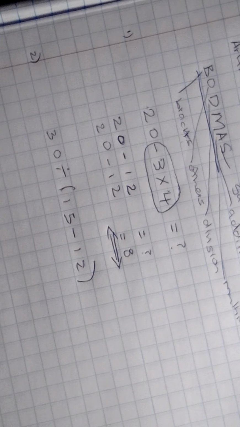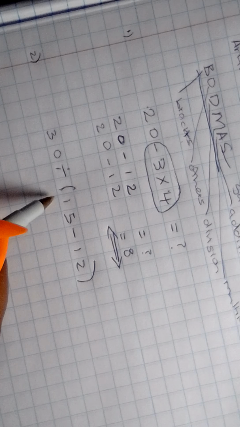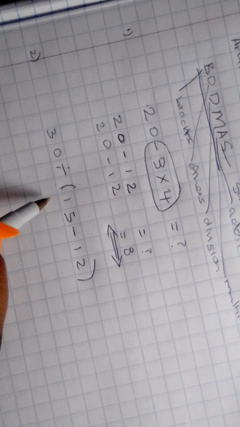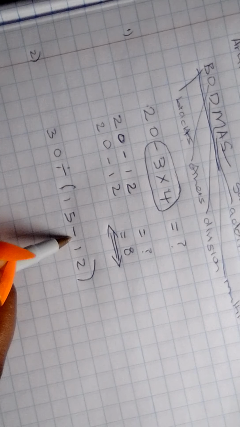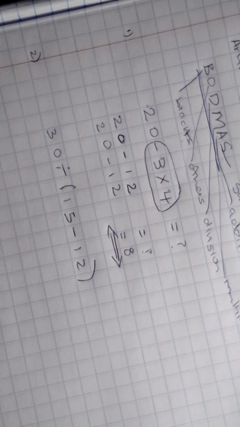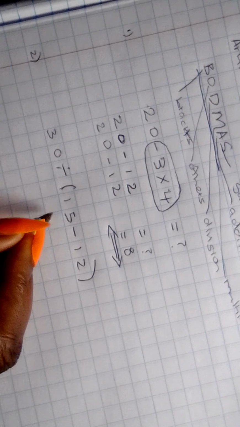This is our second question. Now we go back to our formula, BODMAS. BODMAS tells us to solve everything inside the brackets first. Inside our brackets, we have 15 minus 12, which is 3.